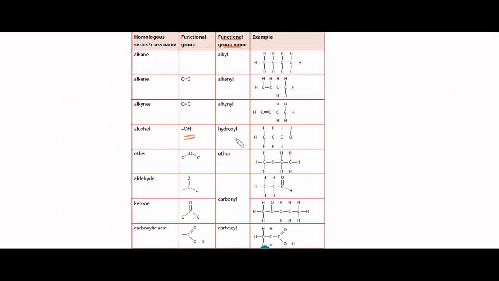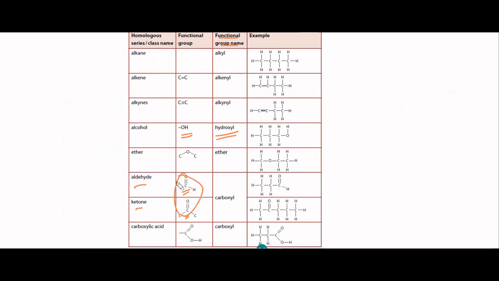The OH is called hydroxyl functional group, but that's not in our compound. Likewise, C=O, let it be from a ketone or from an aldehyde, is called a carbonyl functional group. So you're supposed to write only carbonyl. Aldehydes and ketones is the homologous series or the class name. Don't write aldehydes and ketones when you're asked for the functional group.